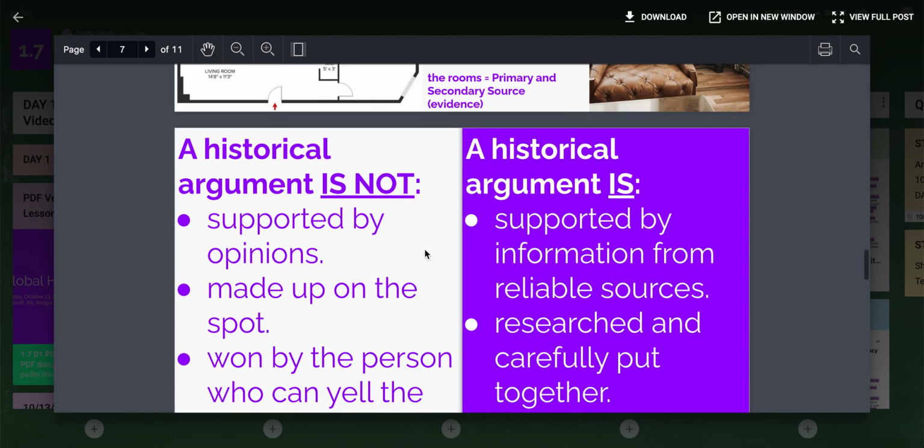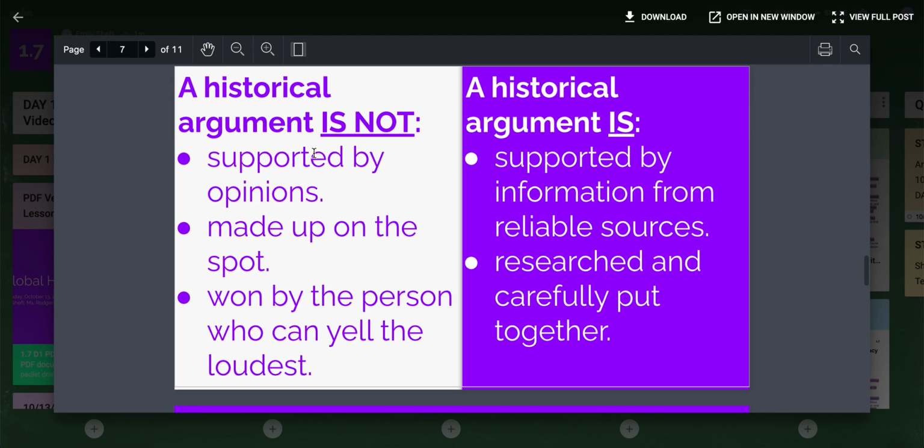So then let's be really clear. A historical argument is not supported by opinions. It is not made up on the spot. And it's not won by the person who can yell the loudest. So then what is a historical argument? It's supported by information from reliable sources, primary and secondary sources, and it's researched and carefully put together.